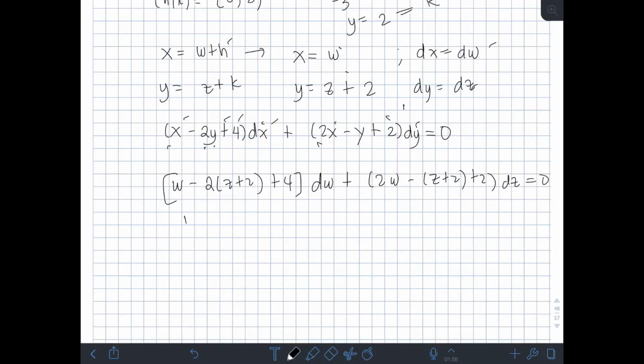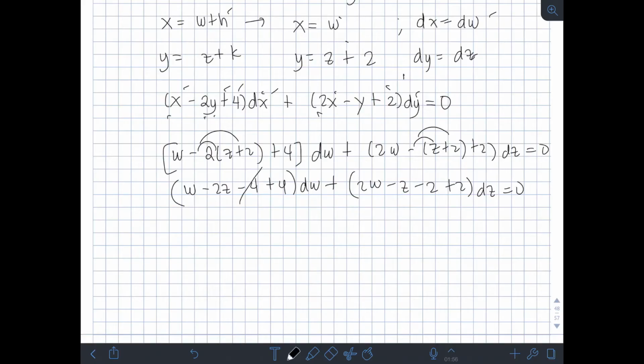So, simplify natin. W, distribute si negative 2 minus 2z minus 4 plus 4 dw plus 2w. So, distribute ko si negative minus z minus 2 plus 2 dz equal 0.